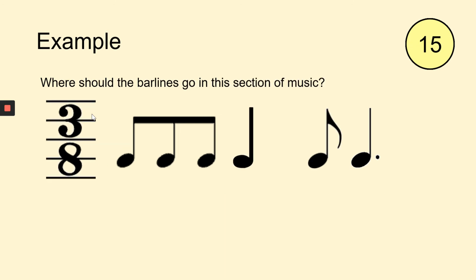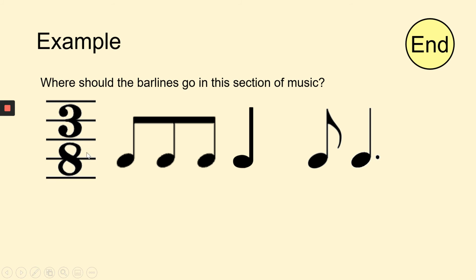Okay, new question. Where should the bar lines go in this section of music? Have a think. So, in 3/8 time, we have 3 quavers in every bar.